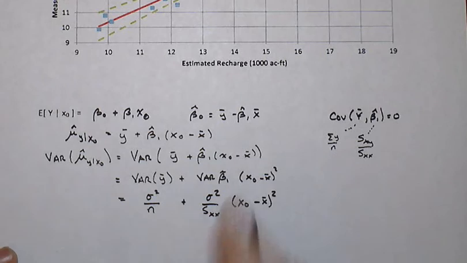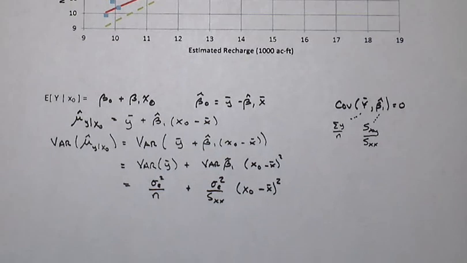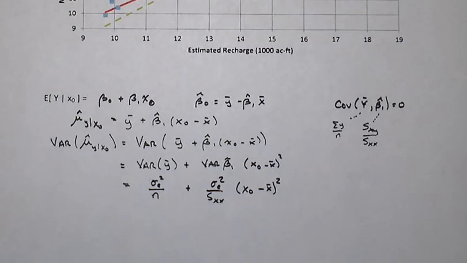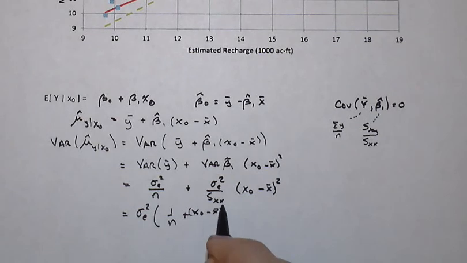Really, this is the variance of the error, because after we take away the regression, what's left over comes from the errors or residuals. We can factor that out, and we get sigma squared times 1 over n plus the square of that difference all over sxx.